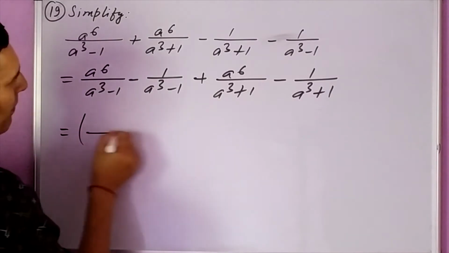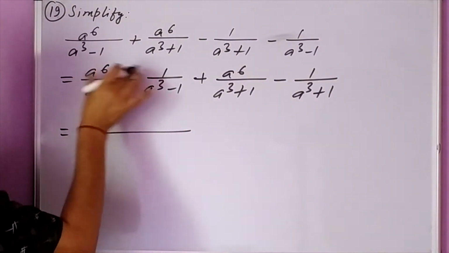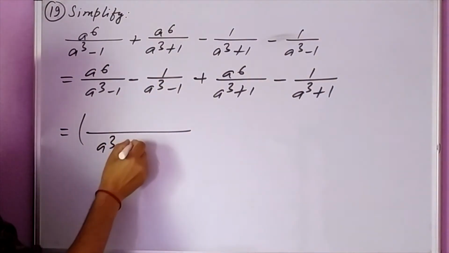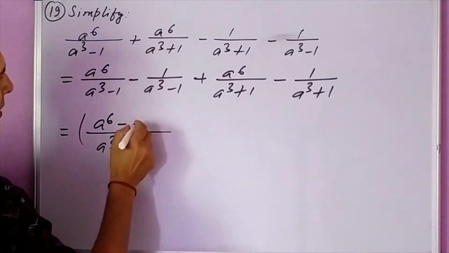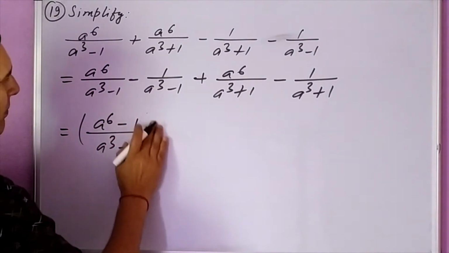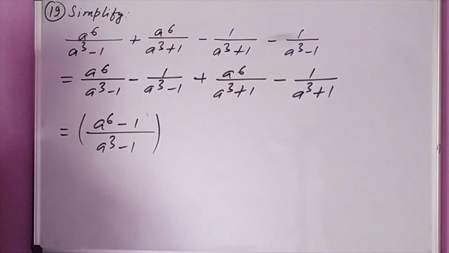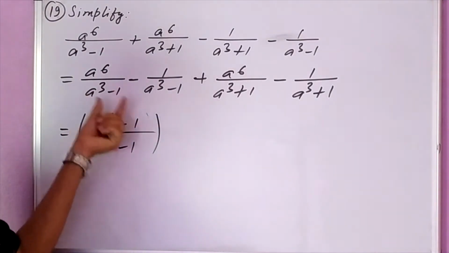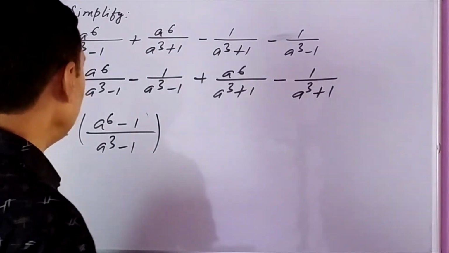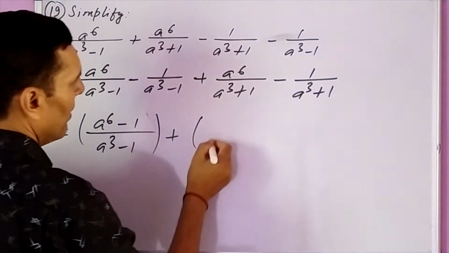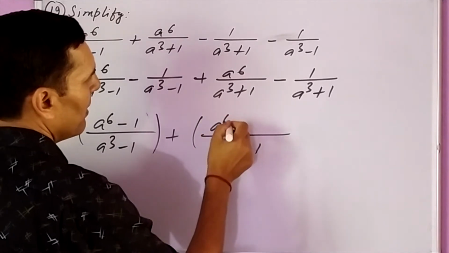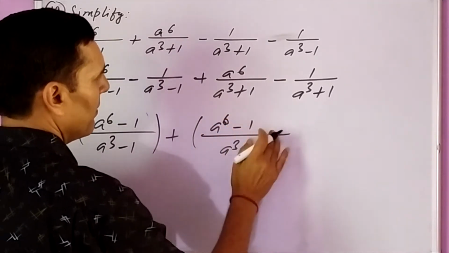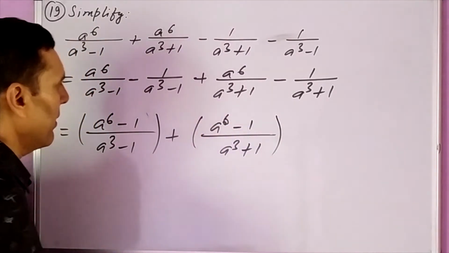So firstly we take the LCM of these two terms, a^3 minus 1, so the numerator remains the same, a^6 minus 1, because the LCM and denominator are the same. And here also the LCM is a^3 plus 1, so it remains a^6 minus 1 in the numerator.